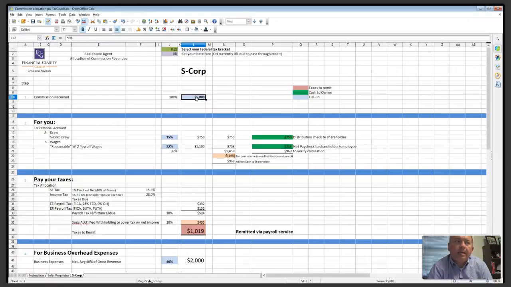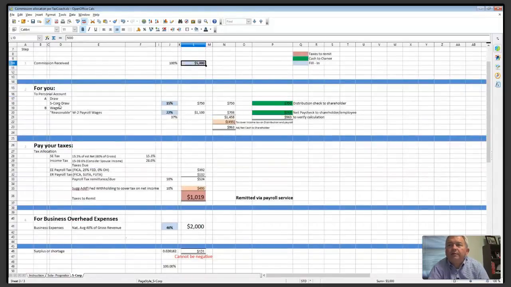Then we're starting with the same $5,000 as our estimated commission for the time period. Again, whether it's a month, a week, per commission, or based on a quarter. So how do we determine how much to come out to pay ourselves? Well, as an employee shareholder working in the business, you take money out of the company in 2 ways. The first is a draw, a distribution, very similar to what happens in a sole proprietorship.